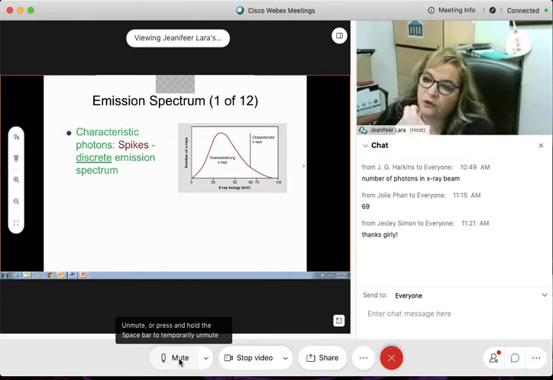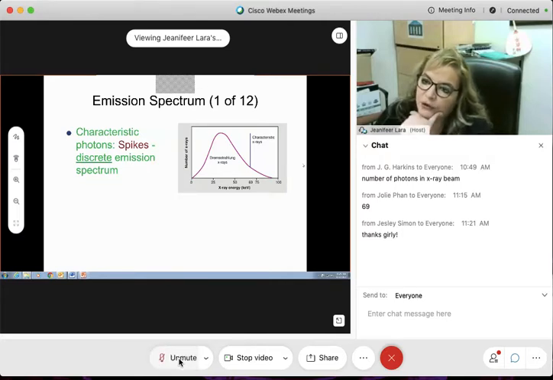Right. But if you go back, now is a great opportunity for you to start looking at your KVP selections, because now you know what kind of X-ray photons are exiting your tube. If you're not higher than 70 KVP, you have zilch characteristic. All brems, 100% brems. Make sense?